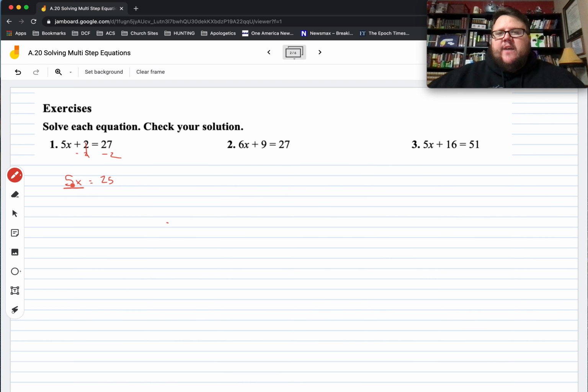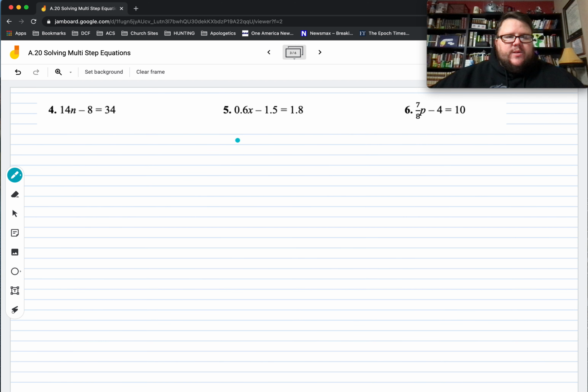The opposite of 5 times x is x divided by 5. And I get x equals 25 divided by 5, which is 5. So that's good. I'm going to go on to a different one.